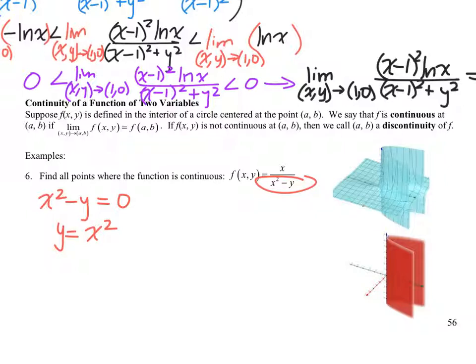So the relationship has to be such that the x value squared becomes the y, which means that when I define my variables for the limit, I want whatever the y value is to be the square of x. So I would create parametric equations: x equals t, y equals t squared.